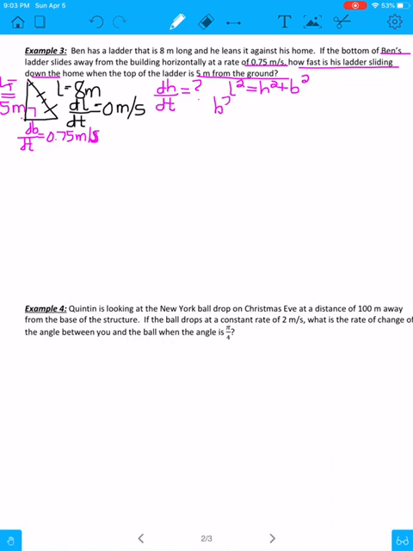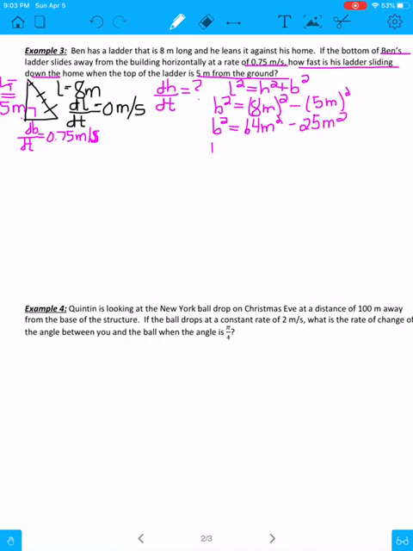So we're going to do B squared equals L squared, which is 8 meters squared, minus H squared, 5 meters squared. And so we're going to get B squared equals 64 meters squared minus 25 meters squared.